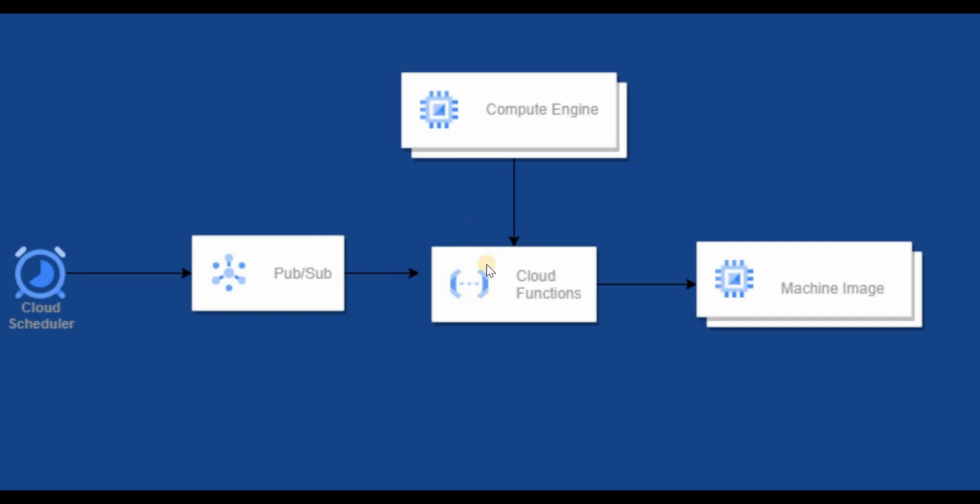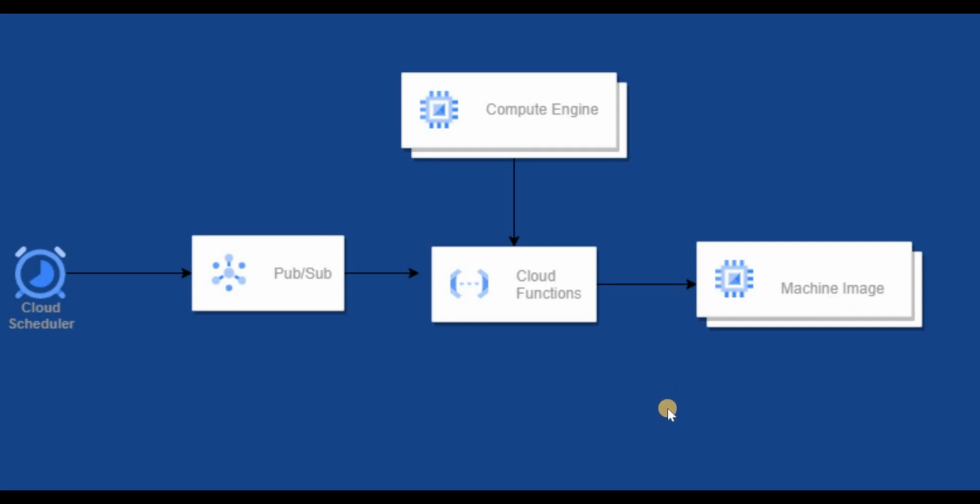My cloud function Python code will fetch the list of all instances available in my project and zone, and then it will take the machine image of all the instances. Once the machine images of all the instances are taken, it will delete yesterday's machine images. In this way we'll always maintain the backup of all the VMs on a daily basis.